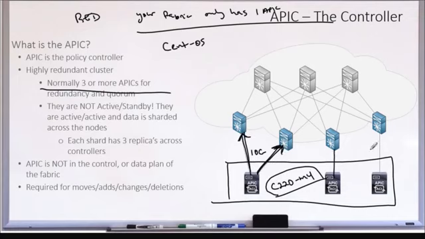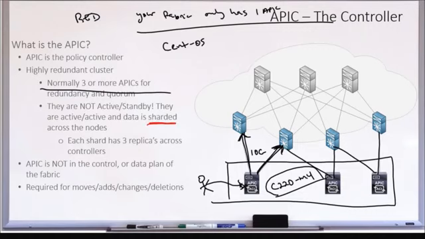So you can single home these guys, but Cisco does recommend to dual home where possible. You have multiple APICs for redundancy purposes, because as you go in and perform configuration on these guys, as we place some config on there, that data is going to be what they call sharded. I think I've got it in here somewhere.